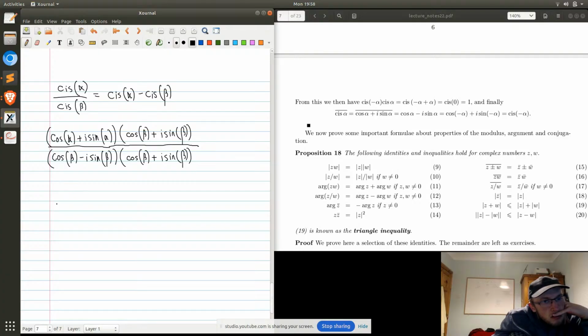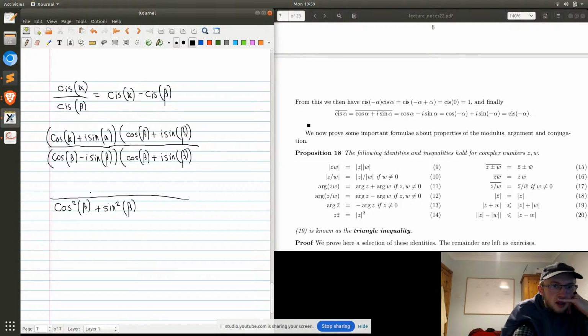So cos squared beta plus sine squared beta. And that's just 1 on the denominator.